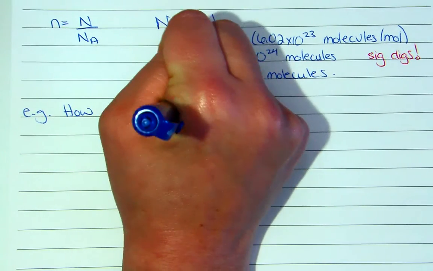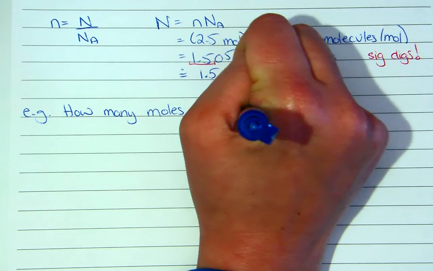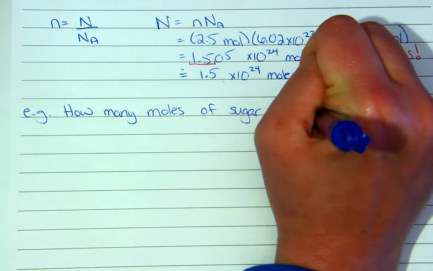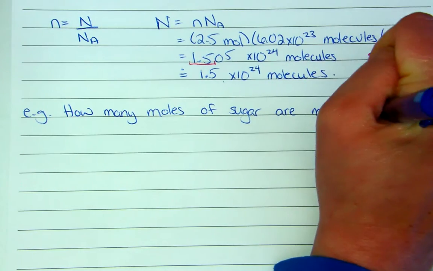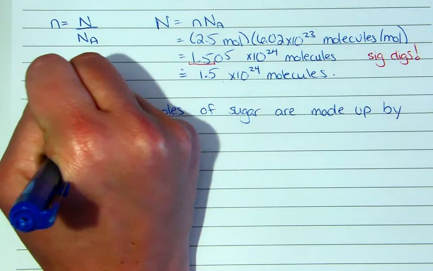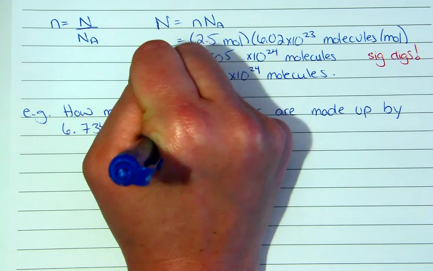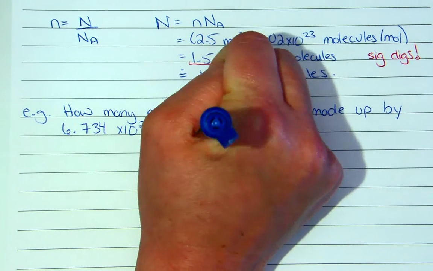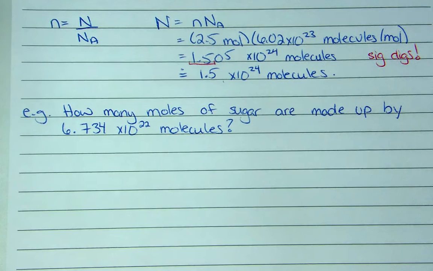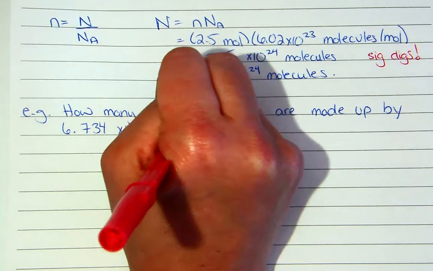How many moles of sugar are made up by 6.734 times 10 to the power of 22 molecules? Probably a question that you've come across in your everyday life in the last 3 weeks of shutdown, right? I thought so. So let's identify what we know. We're being asked for moles.